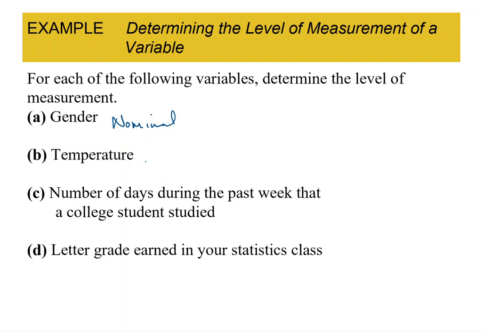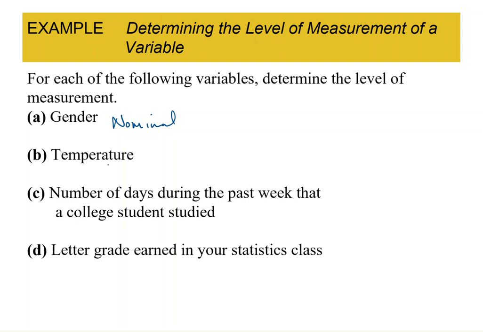Move up to the interval level, see if it fits that criteria. For interval level, that would mean that the differences in values have meaning, and we can certainly subtract temperatures, and that would show us how much cooler or warmer one temperature is than another. And also at the interval level, a value of 0 does not mean the absence of the quantity.